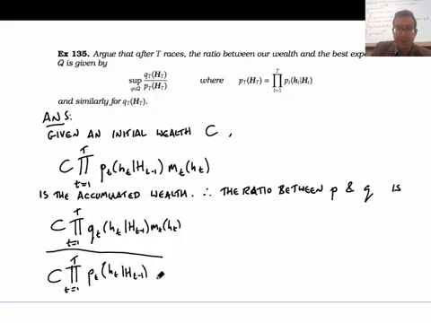It's going to be the same thing, but with a P instead of a Q.